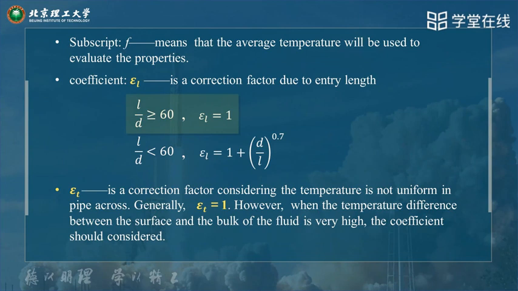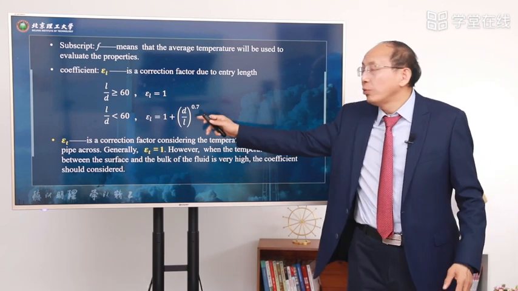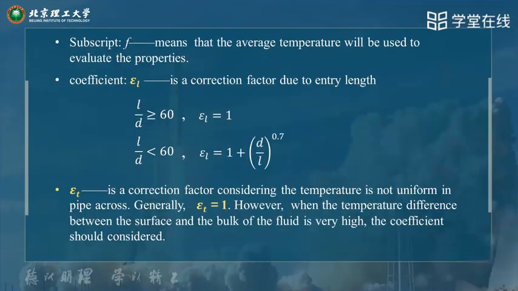If L over D is larger than 60, epsilon L is just 1, no correction. If L over D is smaller than 60, we can do some correction. Epsilon L equals 1 plus D over L to the power 0.7. This number generally is small, very close to 1. Also, epsilon T is a correction factor considering the temperature is not uniform across the pipe.